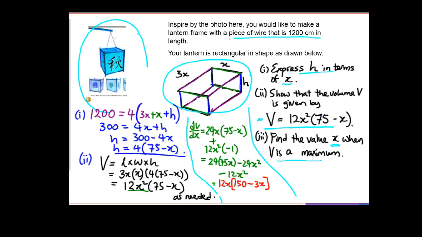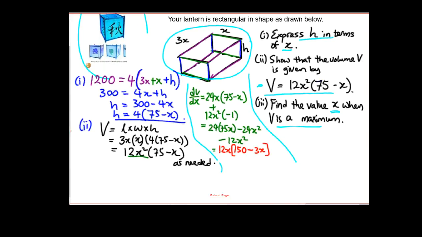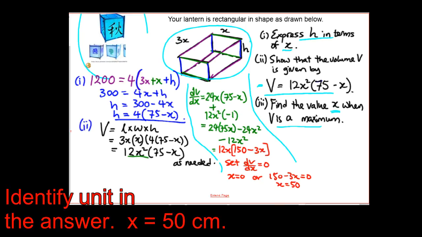And in order to find the maximum or minimum value, I need to set dV/dx to 0. So to set it to 0 means that x can be 0, or 150 minus 3x is equal to 0, or x is equal to 50.